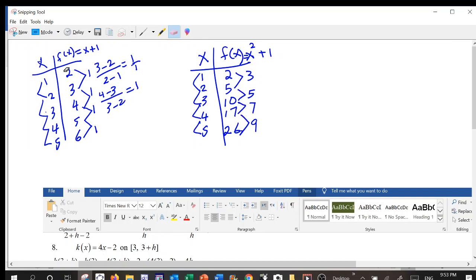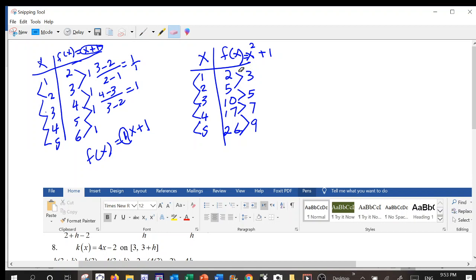So for linear functions, the rate of change remains the same. And in fact, the rate of change of this function is nothing but the slope, which is 1 right here. But the rate of change of functions that are not linear is trickier.